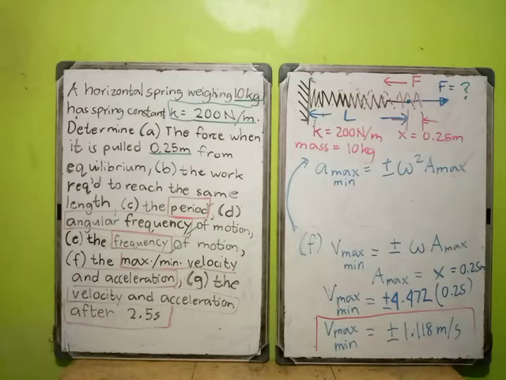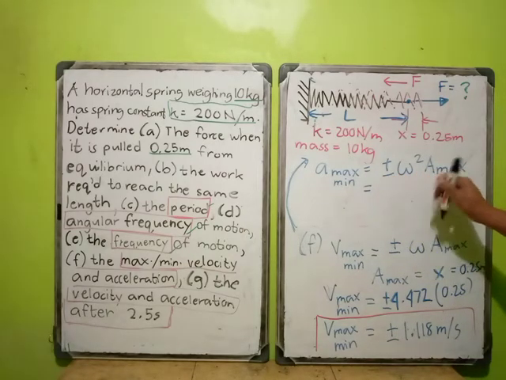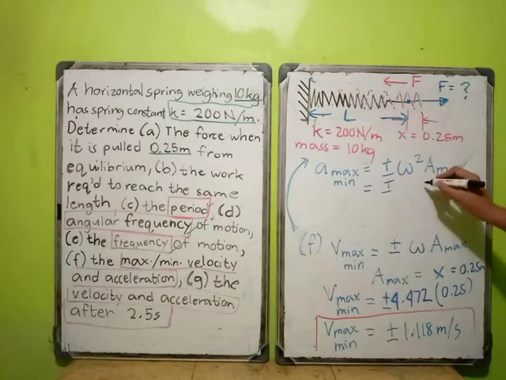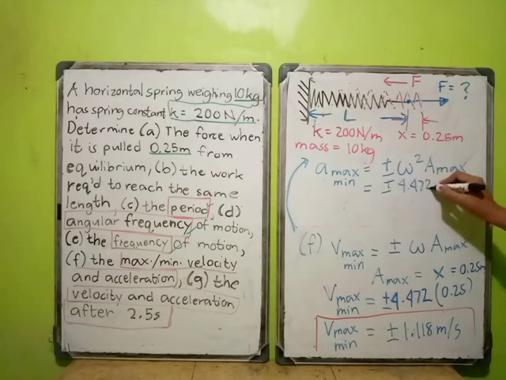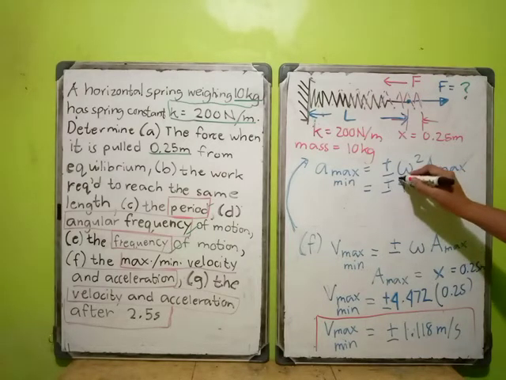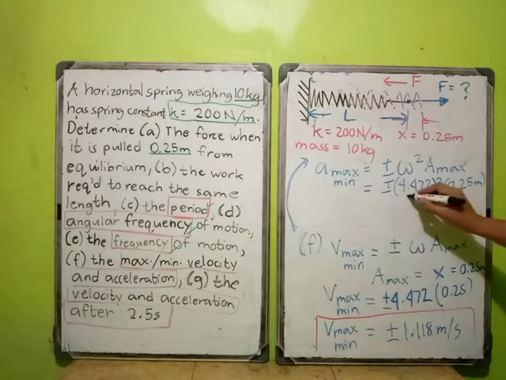So yung positive, yung maximum, saka yung negative, yung minimum. So equivalent siya. So positive, negative. So yung omega is 4.472. Okay? Squared times the A max. The A max is 0.25 meters. At ito in terms of radian per second.